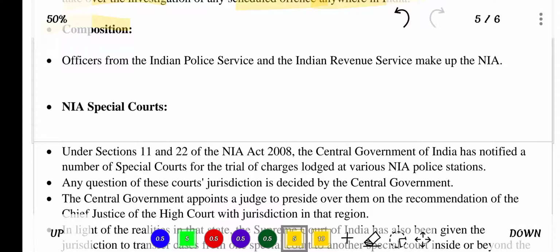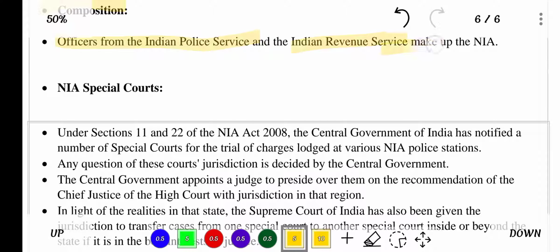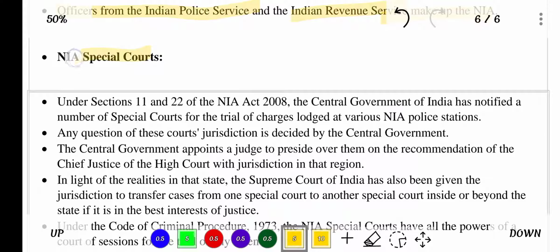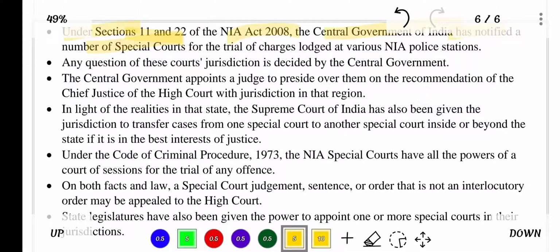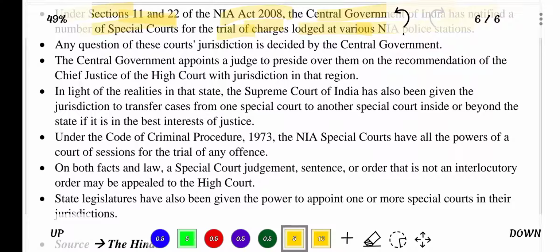Composition: officers from the Indian Police Service and the Indian Revenue Service make up the NIA. NIA Special Courts under sections 11 and 22 of the NIA Act 2008. The central government of India has notified a number of special courts for the trial of charges lodged at various NIA police stations. Any question of these courts' jurisdiction is decided by the central government.